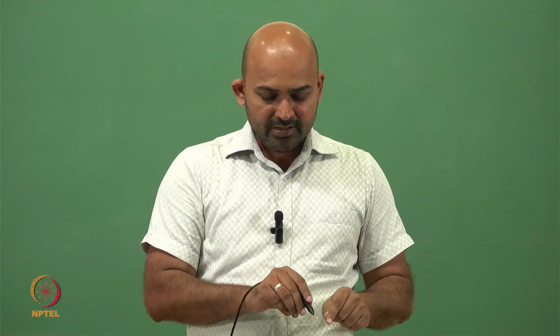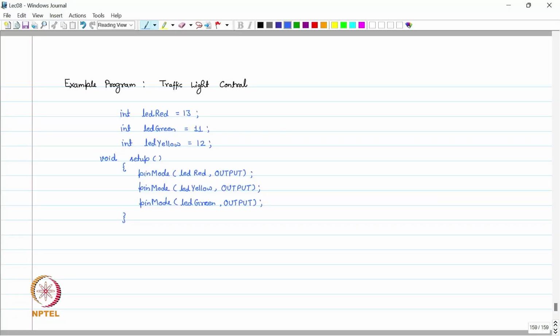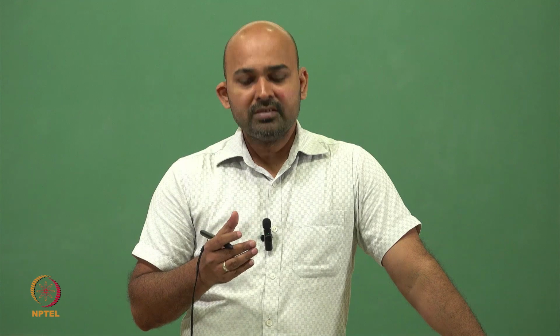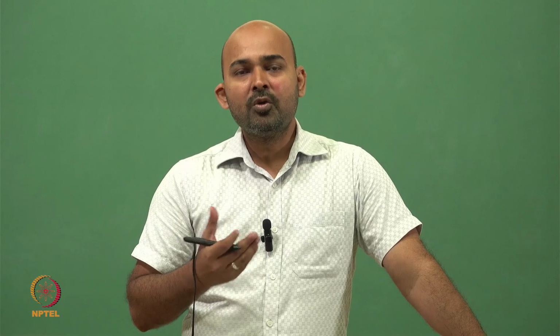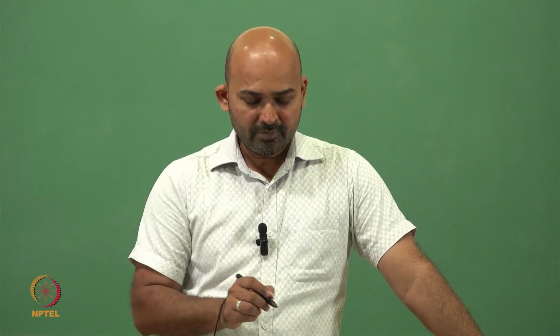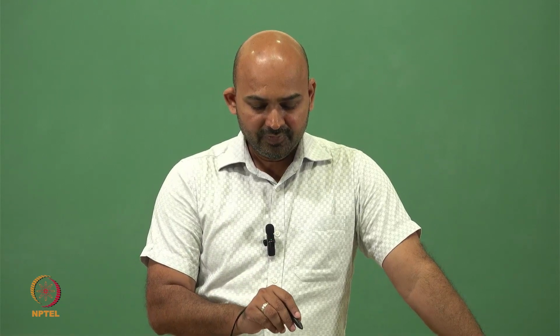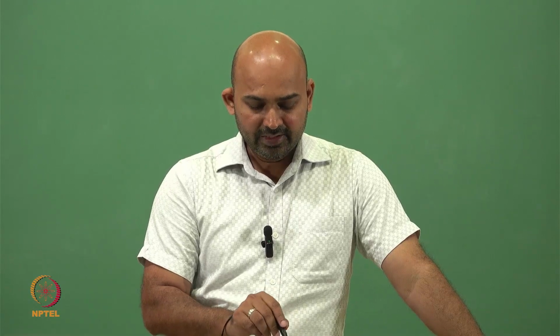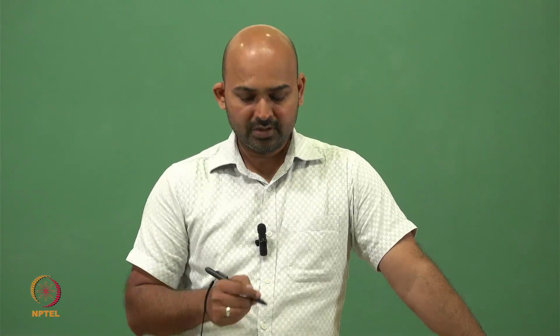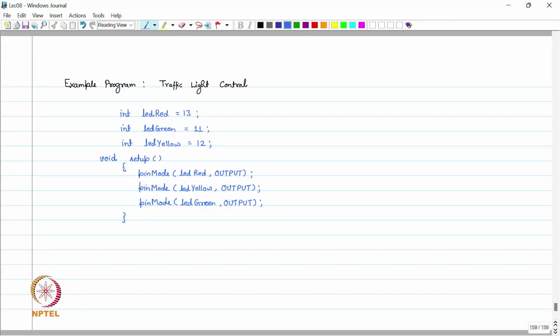Here the constraints we are making: pin mode LED is output. So the pin number 13 is used as an output pin throughout this program. Pin number 11, which is LED green, is also an output type pin, and yellow, which is connected to the yellow pin, is also an output type. All the three pins are of output type.